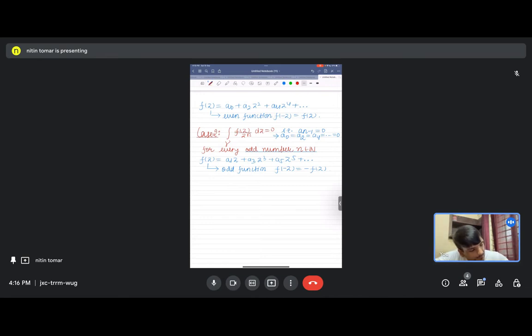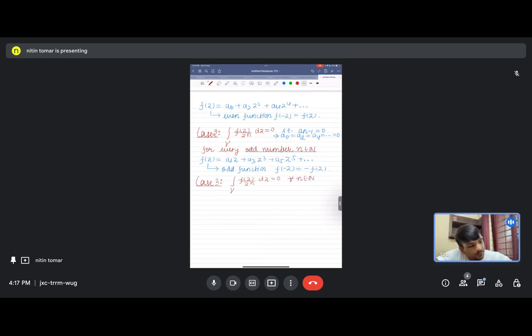Now case 3. Case 3 is if all of the integrals of f(z) by z^n dz are 0, for all n in N. Do you know this symbol, for all?